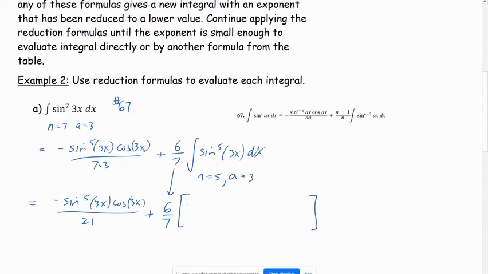So now it's going to be negative sine to the 4th power of 3x cosine 3x over 5 times 3 plus 4/5 times the new integral is going to be sine to the 3rd power of 3x dx.